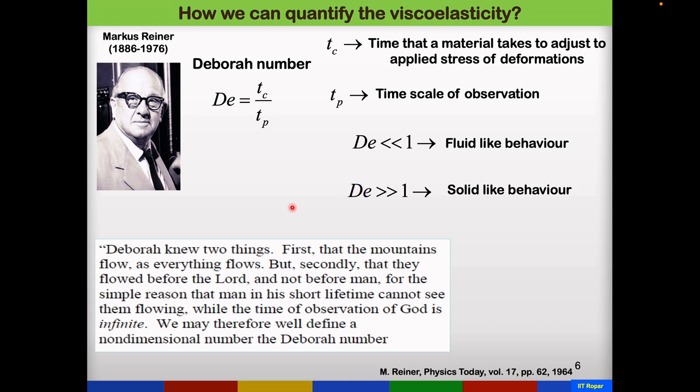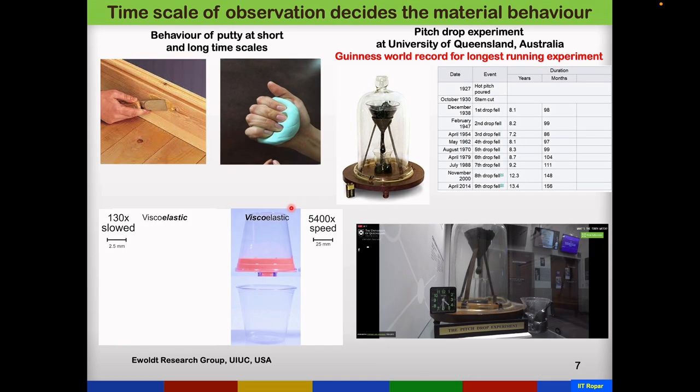Now I'll give you some simple examples by which you'll be able to understand more the significance of this time scale of observations. I'll give you an example of putty, which is widely used for building construction.